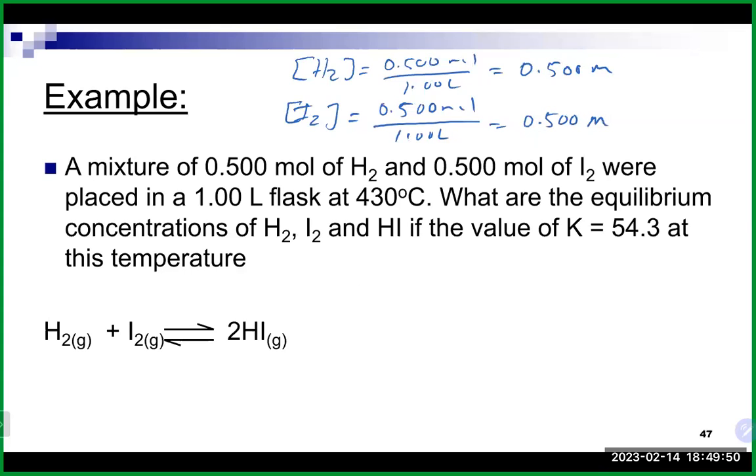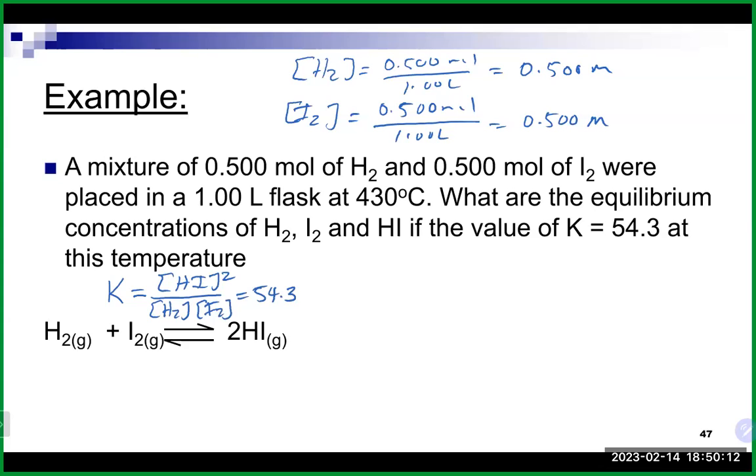Our equilibrium expression in this case will be K is equal to the concentration of HI, and we're going to square it, divided by the concentration of H2 times concentration of I2 is equal to 54.3 in this case. Any questions so far?